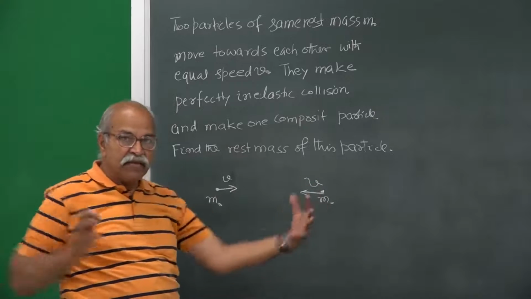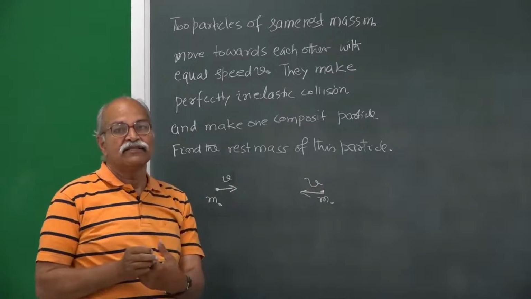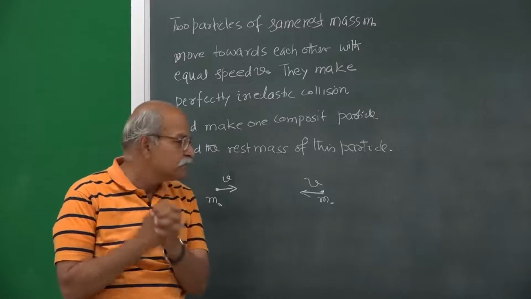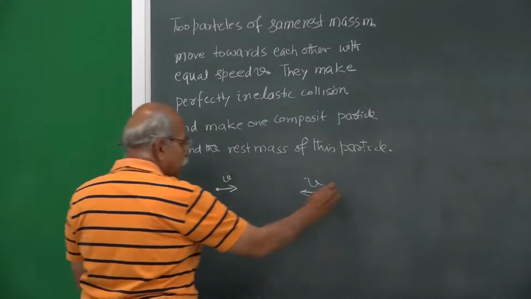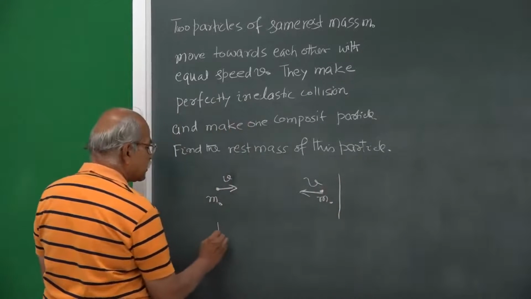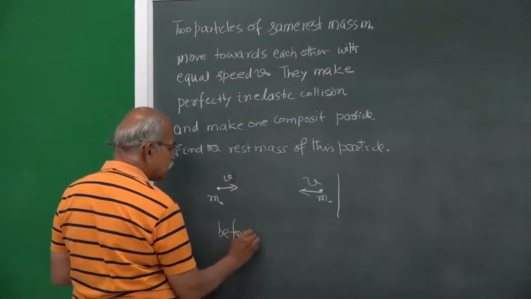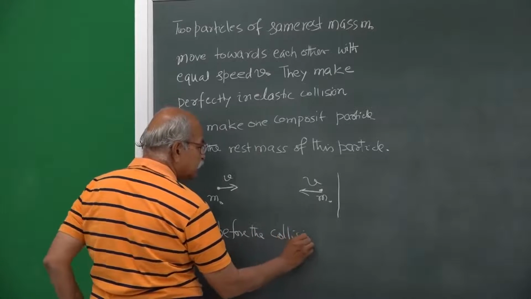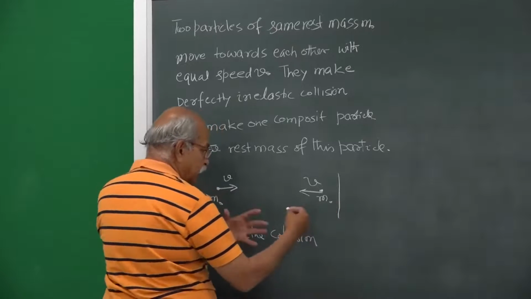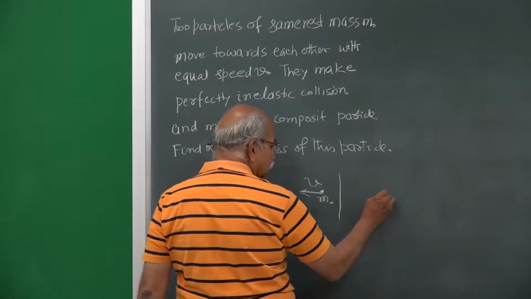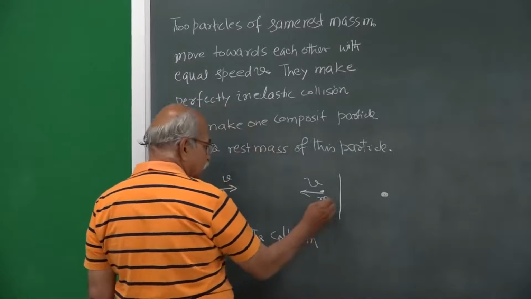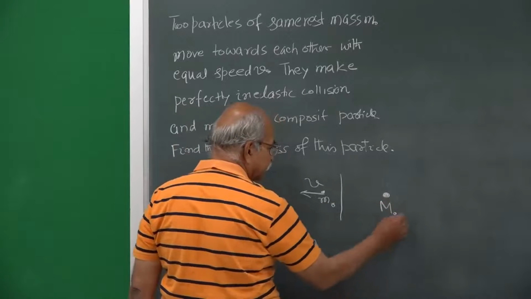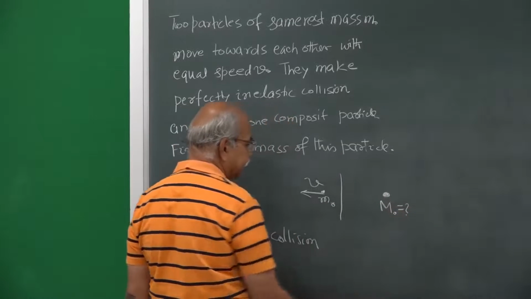And then they make a perfectly inelastic collision, and the two combine to form one single composite particle. So this is the situation before the collision, and after the collision they combine and make one single particle, and you have to get the rest mass of that particle. That is the question.